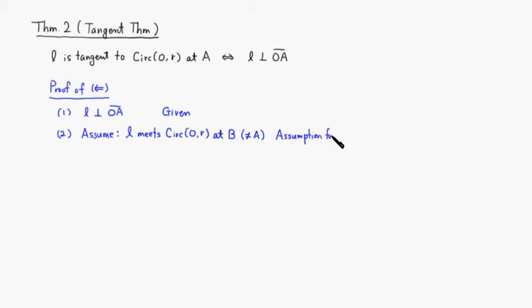So this would be the assumption for the indirect proof. What we have is a circle, and we're assuming that L is not tangent.